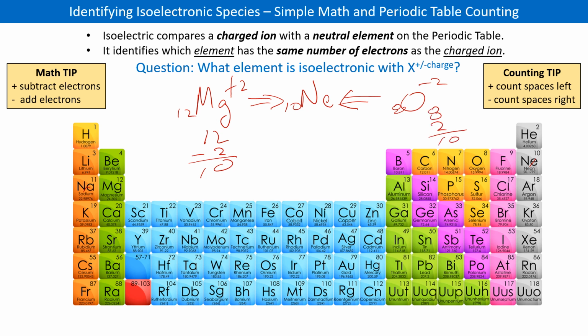So magnesium +2 and oxygen -2 are both isoelectronic with the noble gas neon on the periodic table. That's how we work these problems when it comes to identifying isoelectronic species.